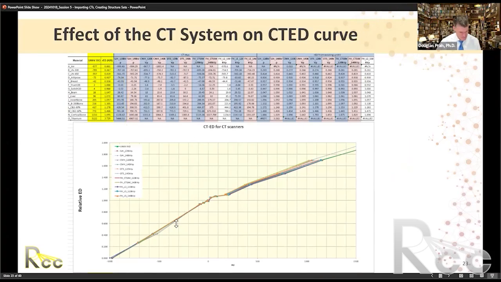In the region closer to water, they're pretty consistent, but as you get higher, the differences in bone on these different CT scanners create some spread. So it would be advantageous to always double check the impact your CT scanner has on this curve, and I think this curve clearly demonstrates that there are differences that can exist.